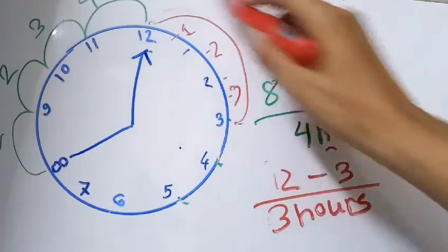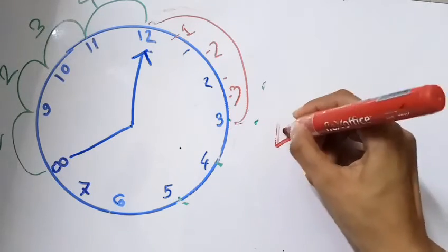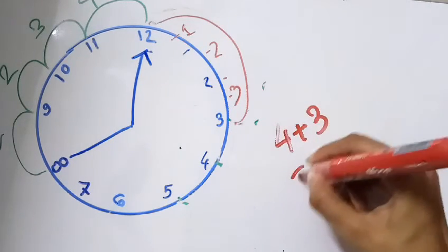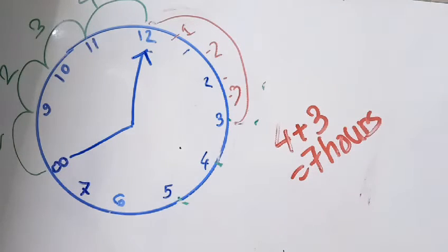So 4 plus 3. So you can tell 4 plus 3 is equal 7 hours. So he stayed out from home total 7 hours.